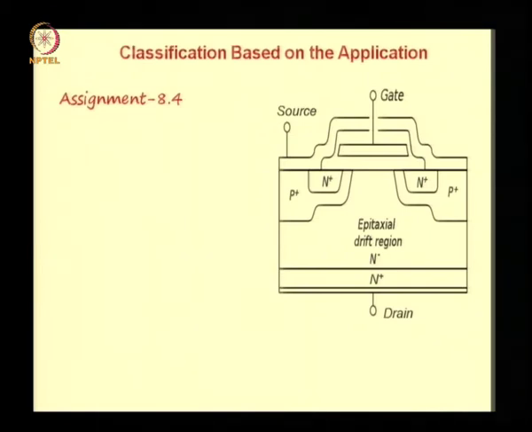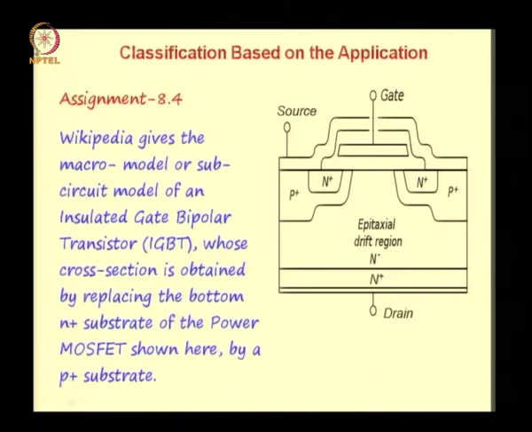Now here is an assignment related to the macro model. Wikipedia gives the macro model or sub-circuit model of an insulated gate bipolar transistor, IGBT, whose cross section is obtained by replacing the bottom N plus substrate of the power MOSFET shown here by a P plus substrate. This is the structure of a power MOSFET.